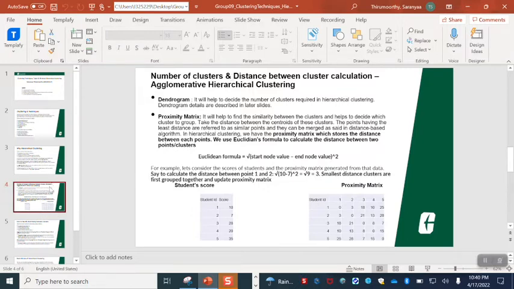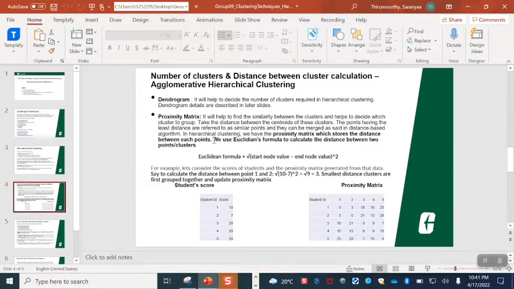So these are the two important values which need to be computed to implement hierarchical clustering. The dendrogram technique will help us calculate the number of clusters required to implement the algorithm, whereas the proximity matrix will help us calculate the distance between the clusters for the given data set.